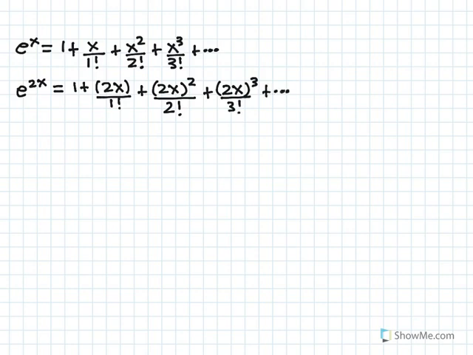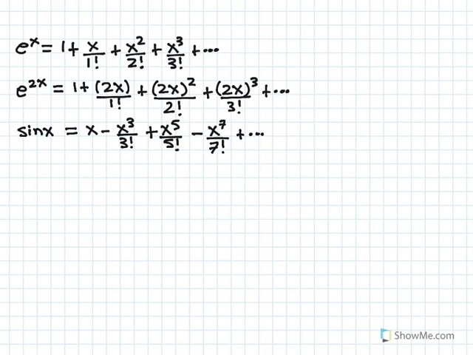Now let's look at the Maclaurin series of sine x. Sine x is equal to x minus x cubed divided by 3 factorial plus x to the 5 divided by 5 factorial minus x to the power of 7 divided by 7 factorial and so on.